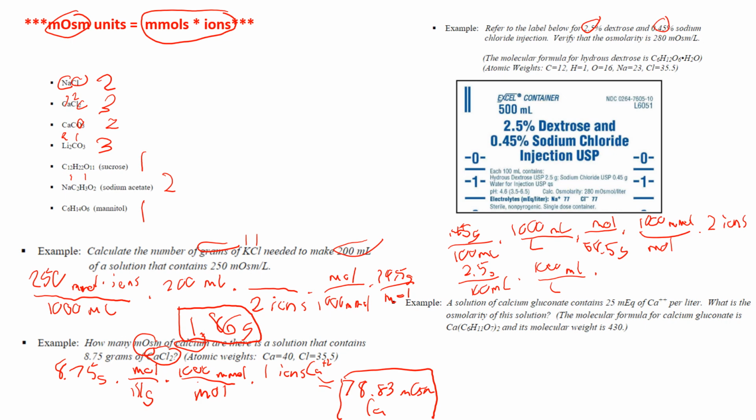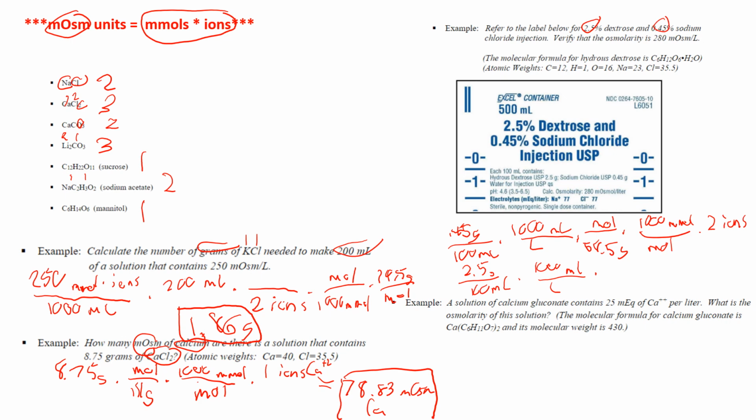So we know there's 6 carbons, so that's 6 times 12, plus 12 hydrogens, which are each 1, so that's just plus 12, plus 6 oxygens, so that's 6 times 16, plus 18 because there is 1 water attached to it. And the way I got 18 is oxygen 16 plus 2 hydrogens is 18.